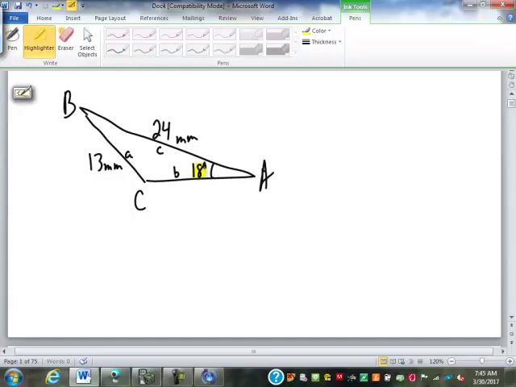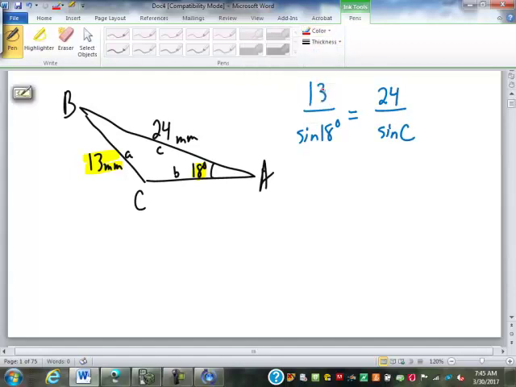Well, the 18 degrees is opposite 13 millimeters. Good. So we do have that. So we're going to have 13 over the sine of 18 degrees. So now we have the 24 over the sine of angle C.